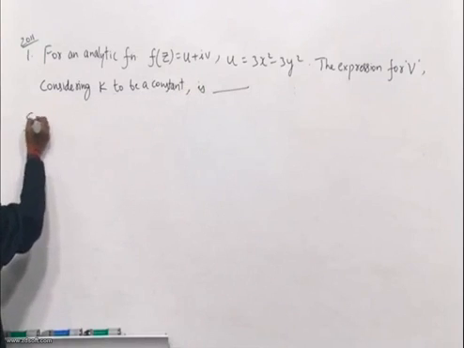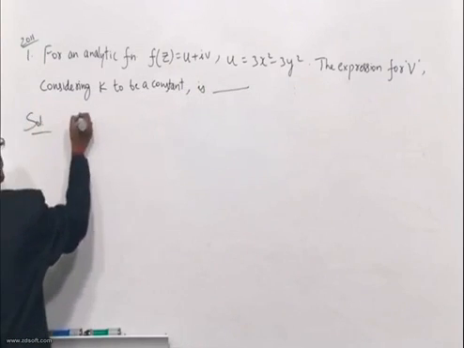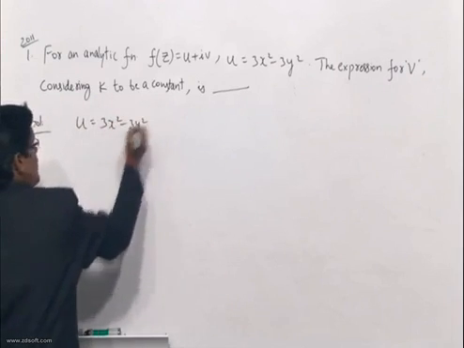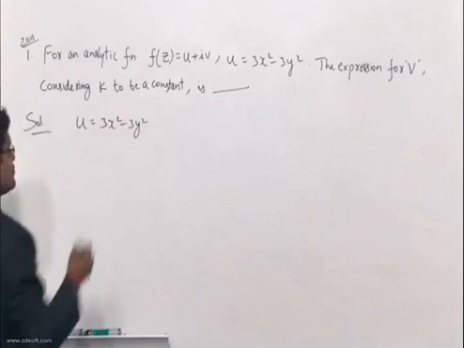Solution. U is given, 3x square minus 3y square.